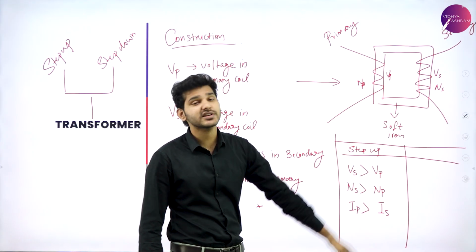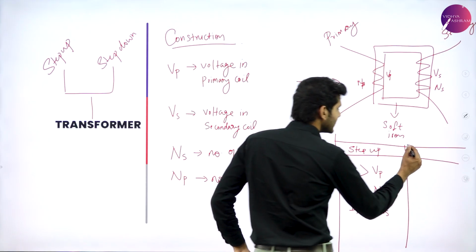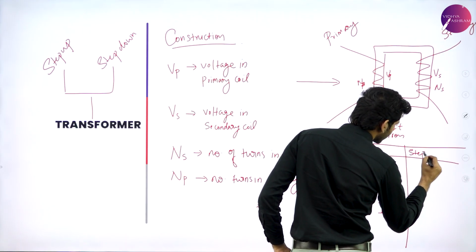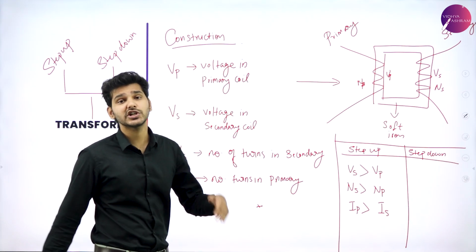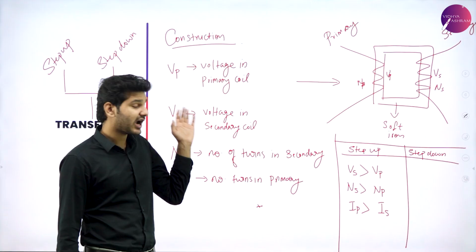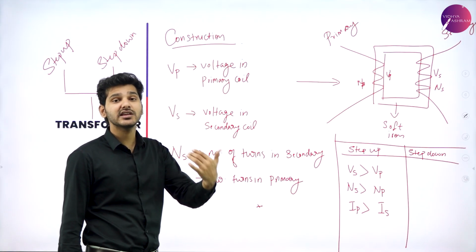So that is how that particular relation happens. And for a step down transformer, it is again easy. You just take the opposite. A step down transformer is going to reduce the voltage output. So high voltage is coming in and you have to decrease the voltage level and increase the current level.